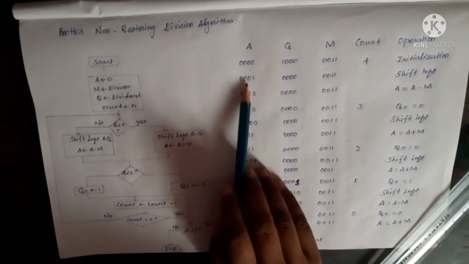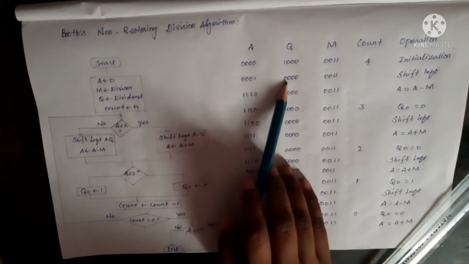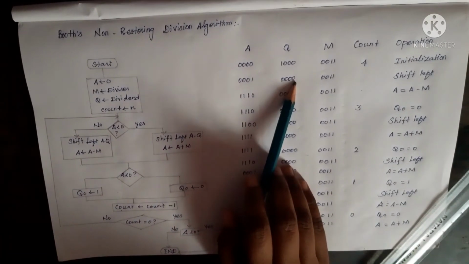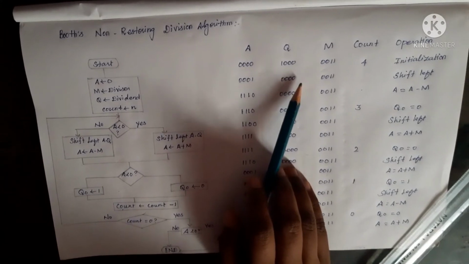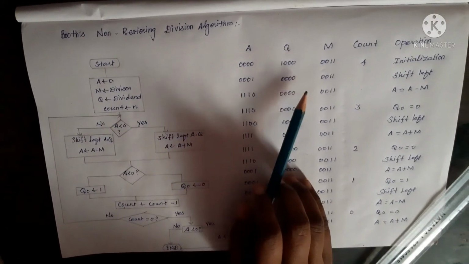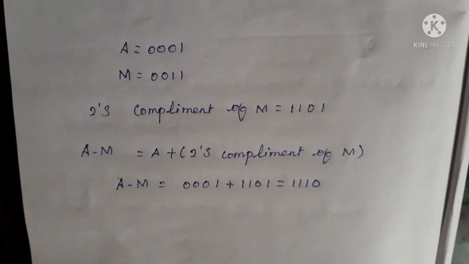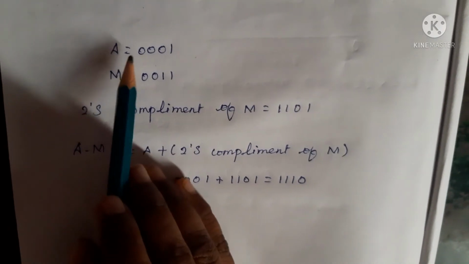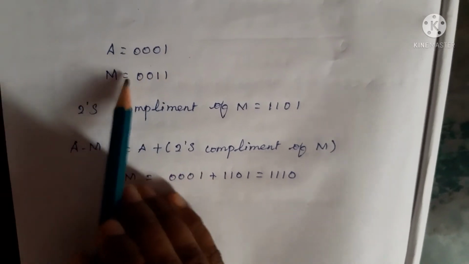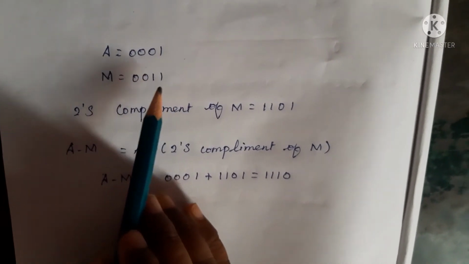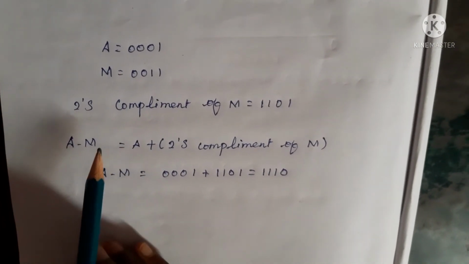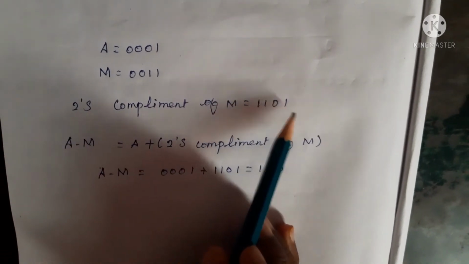So 0001, 0000, and a new 0 will be added. Then we'll perform A equal to A minus M. So here A is 0001, M is 0011. We'll take the 2's complement of M, that is 1101.